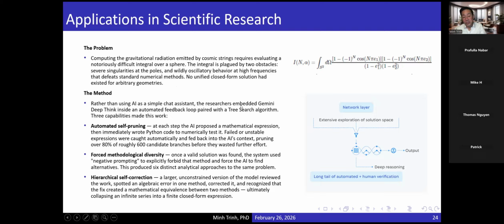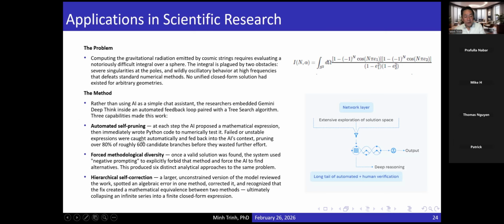In fact, the researchers used the LLM and paired it with a tree search algorithm, very similar to what we've seen before with AlphaProof, AlphaGo, etc. The idea is that Gemini Deep Think will generate many answers, so suddenly you have a mathematical expression.